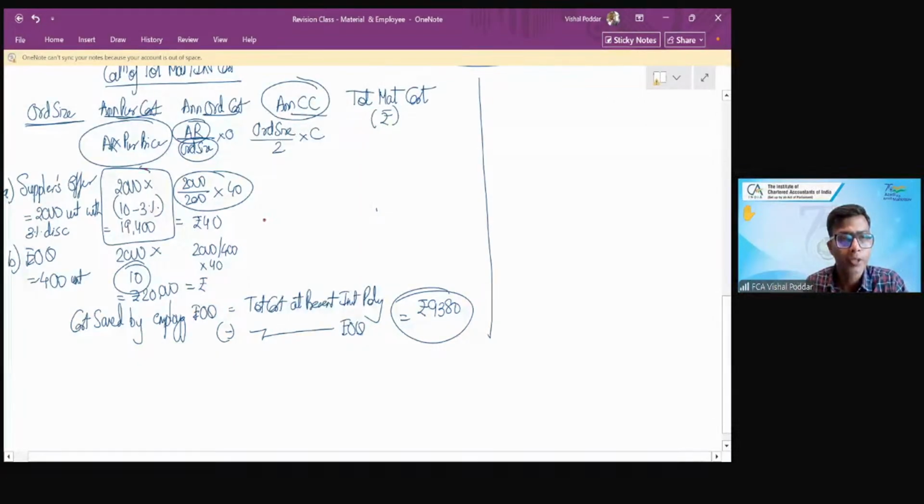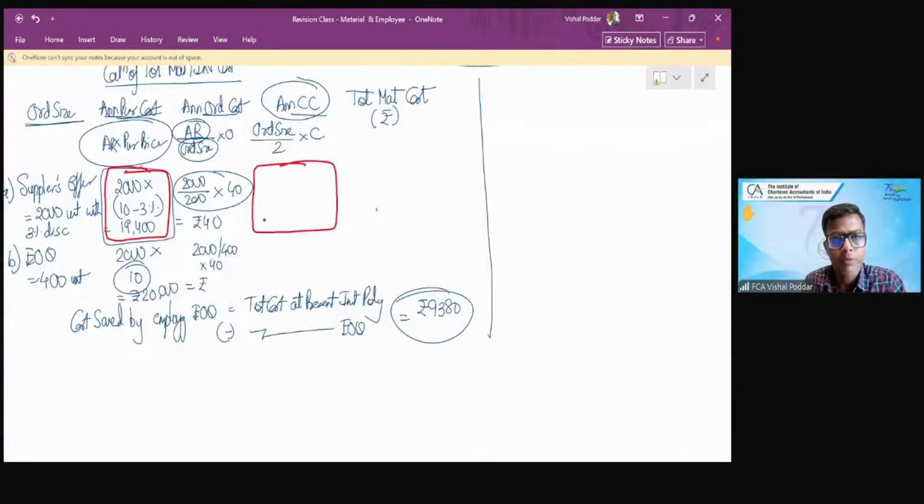So one, what has changed in the discount question is this. The second is this. Now, what is our formula for annual carrying cost?